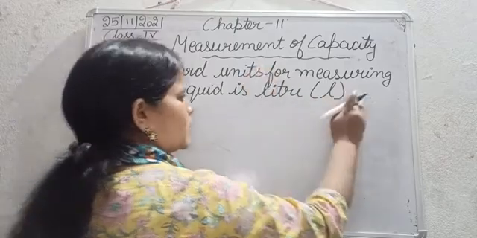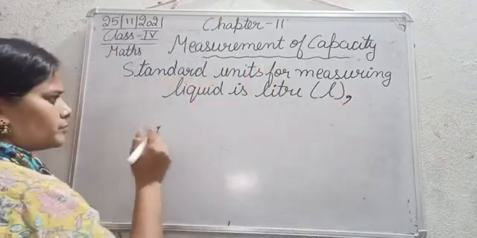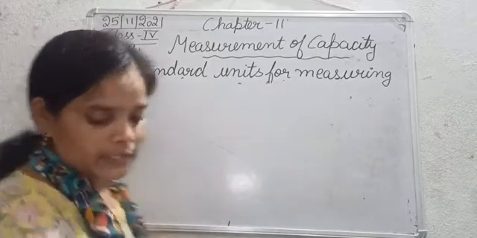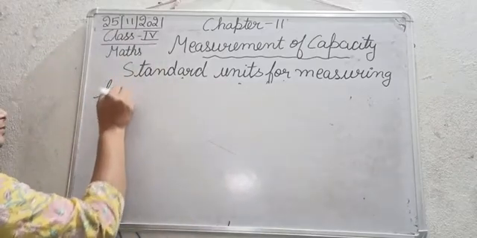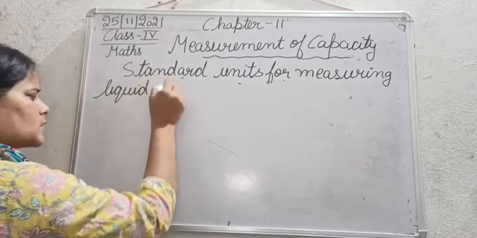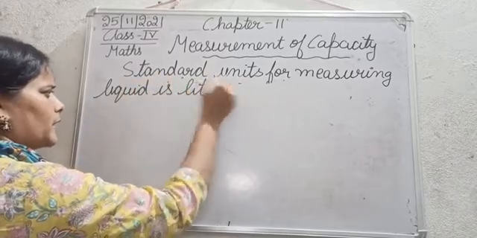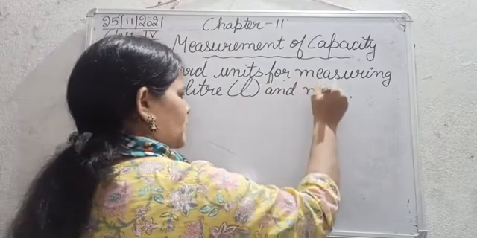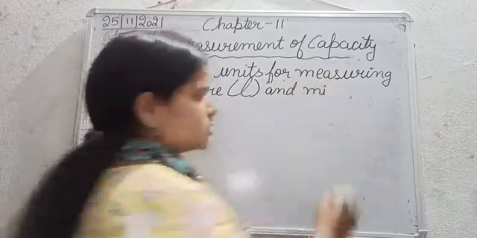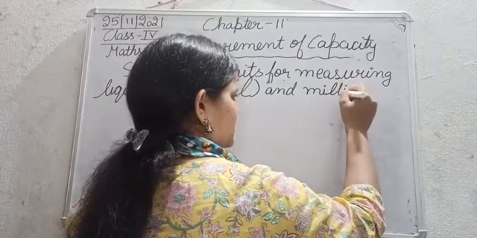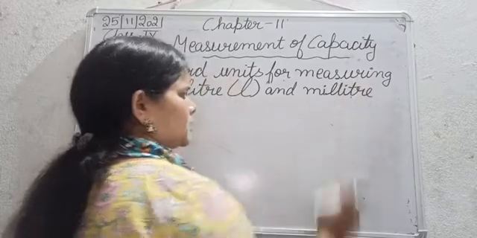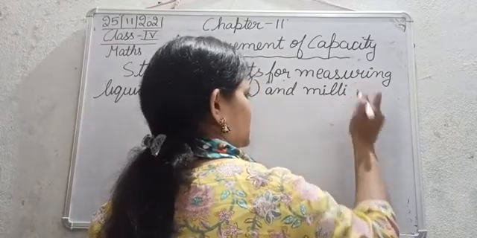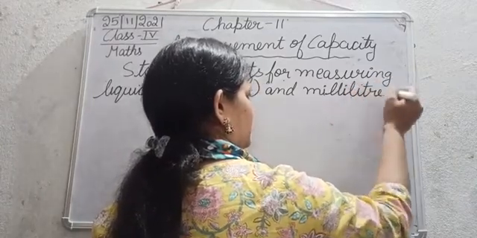So the standard unit for measuring liquid is liter, that is denoted by L, and milliliter, which is denoted by ml.